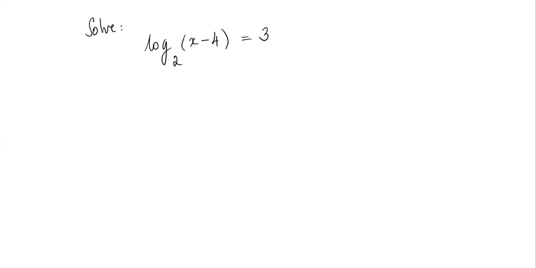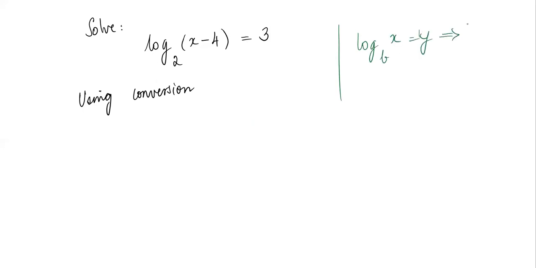So in this case, the conversion formula is the best approach. Let me also write the conversion quickly here. Log x to the base b equals y implies b power y equals x. That's what we're trying to do.